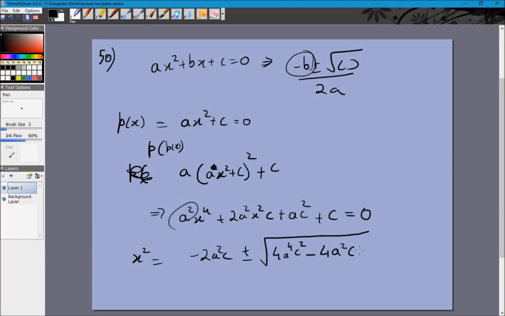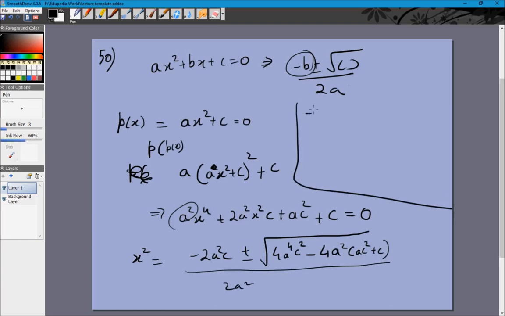A square into ac squared plus c, divided by 2a squared, which is minus 2a squared c plus minus root of this is ax squared whole square, so a squared x to the power 4 multiplied by a as well, so this is a cube x to the power 4.